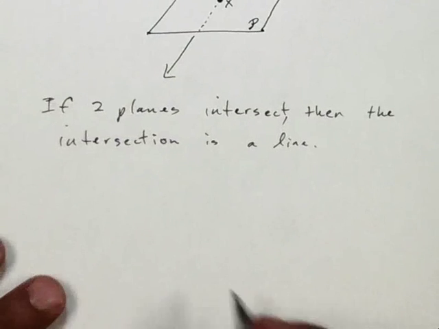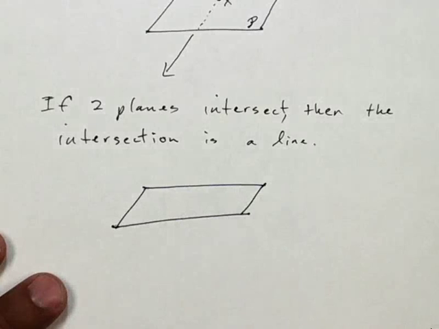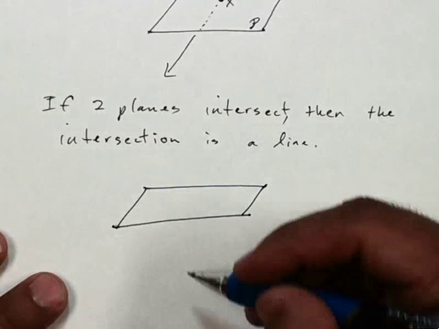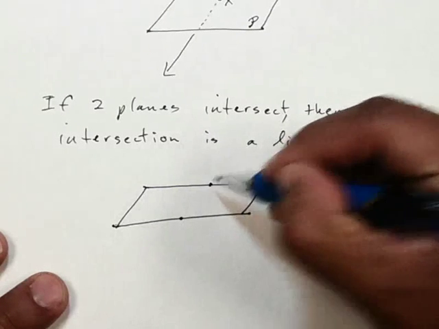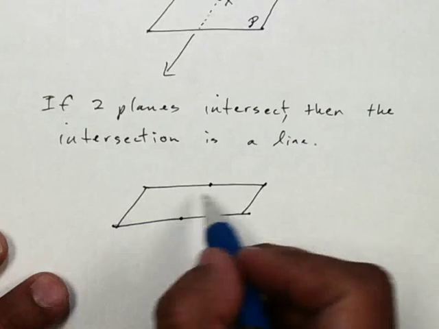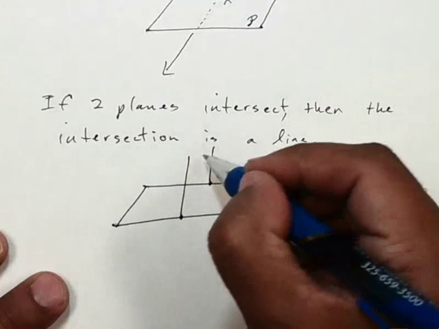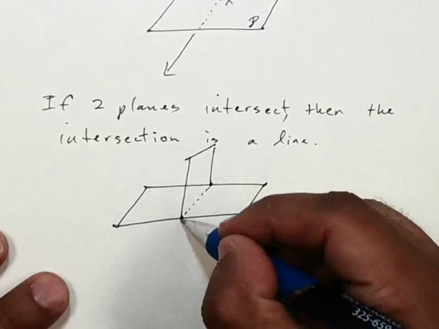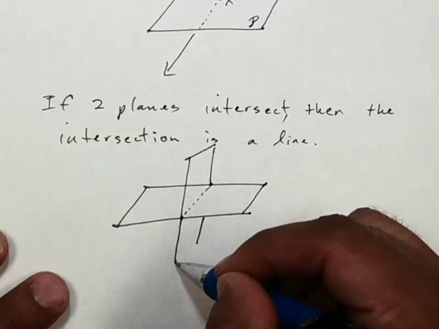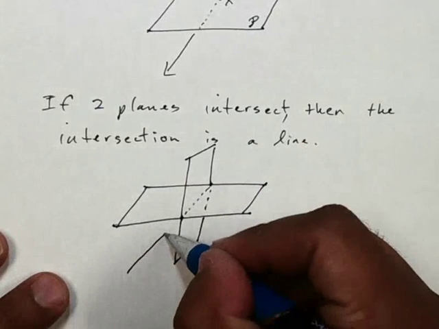Right, and the way we draw this is we kind of draw a parallelogram going one direction. And we'll draw a plane, kind of pick up your endpoints, pick 2 points on the edge of the plane. You would draw straight up. Right, but the line we want is actually going through here.